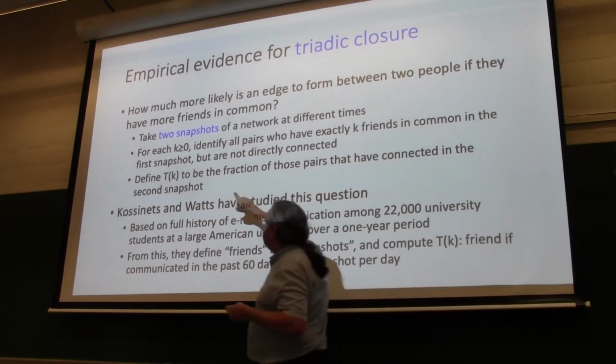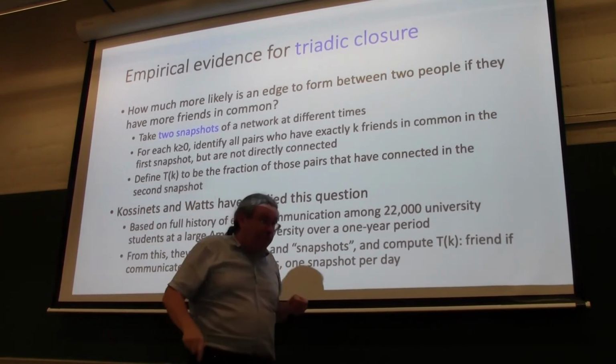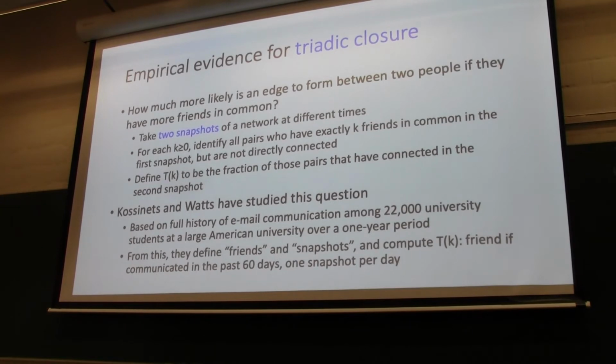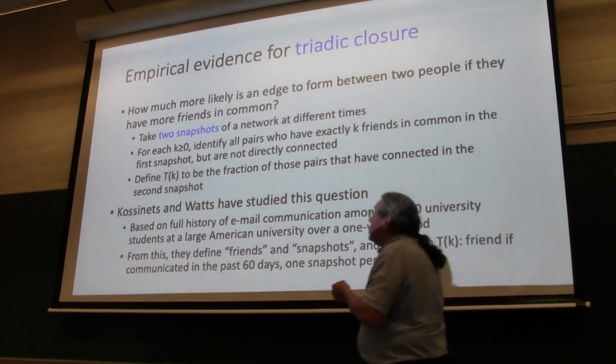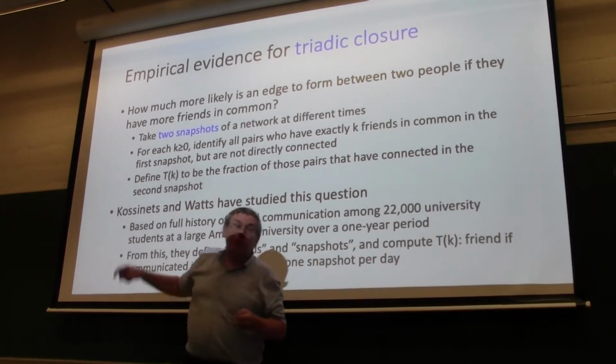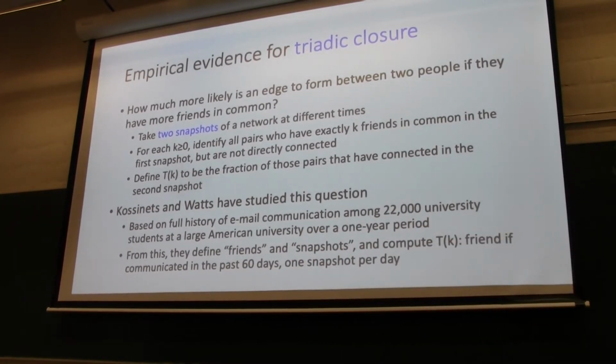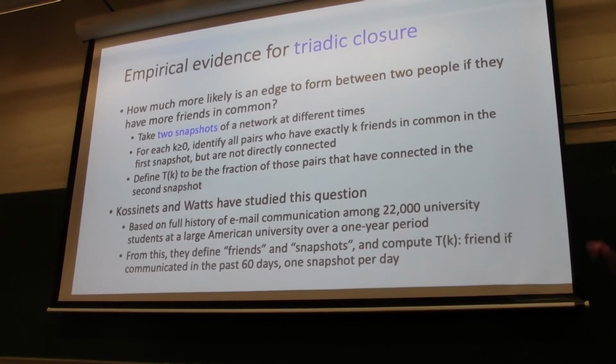T of k will be the fraction that have become friends. So all the people that had k friends in common in the first snapshot but were not friends, but are friends in the second snapshot, the fraction is T of k, this function. And you can graph it. You can study this for real networks, okay? And there's lots of data sets for this.